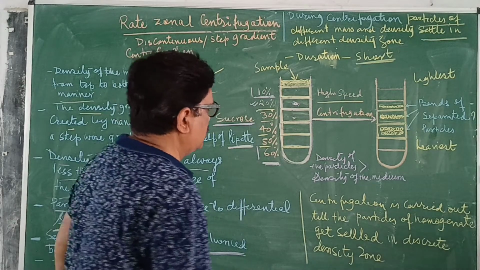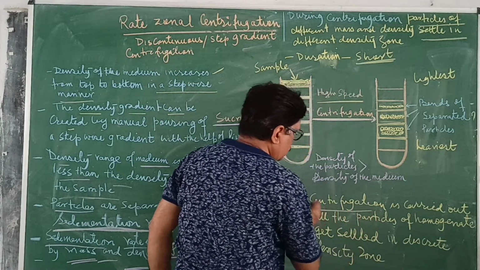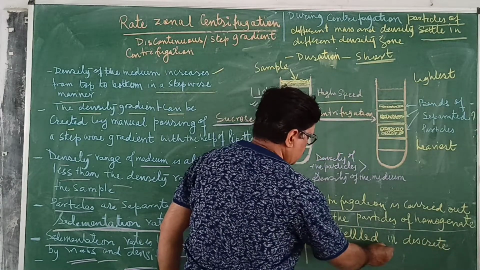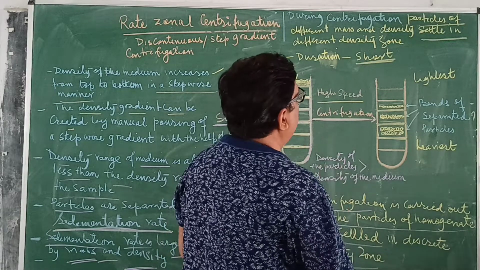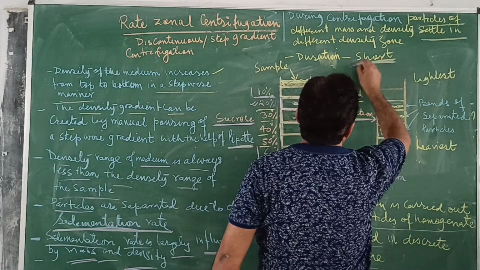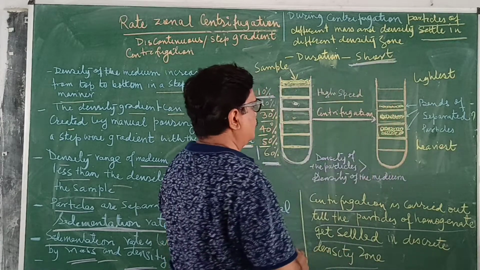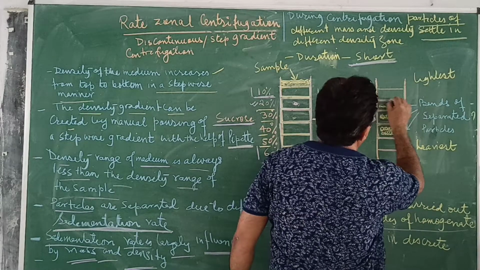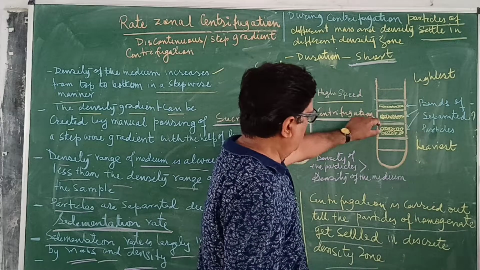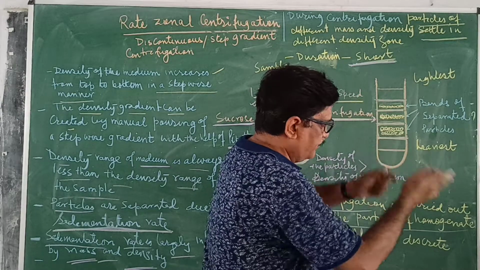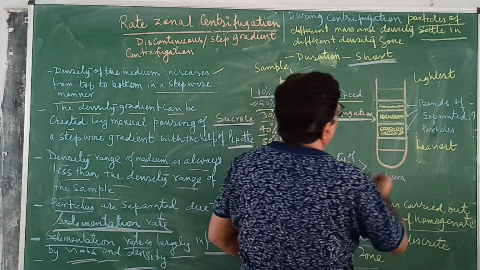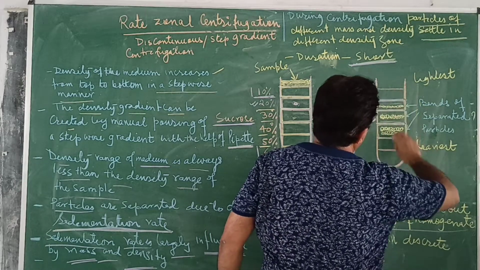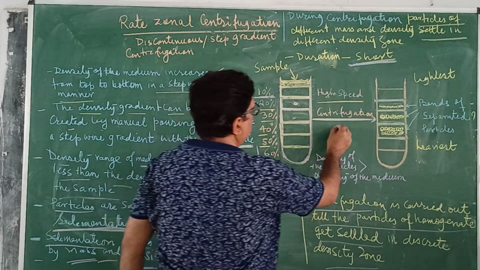The centrifugation is carried out until the particles in the homogenate get settled in discrete zones. The duration is important. It should be long enough that the particles get separated from each other and form different bands, which will be visible from outside as well. Once these bands are formed, the centrifugation should be stopped.